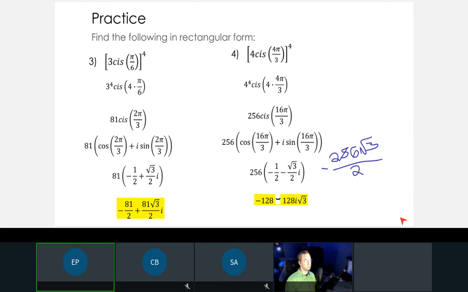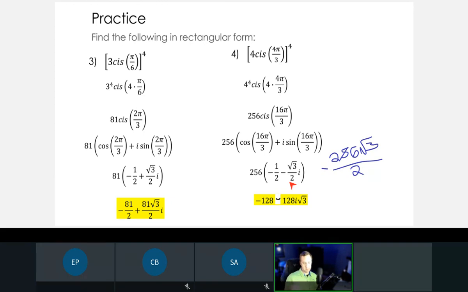Is the Casio FX115 able to do that? Because mine was giving me a decimal. So when you type in 256 times negative rad 3 over 2, you hit enter, you get a decimal. There's a button that says S to D. Yeah, I pushed that and it doesn't do anything.